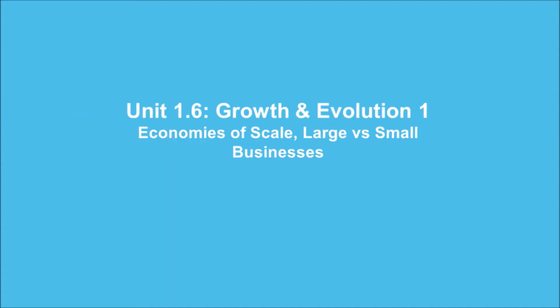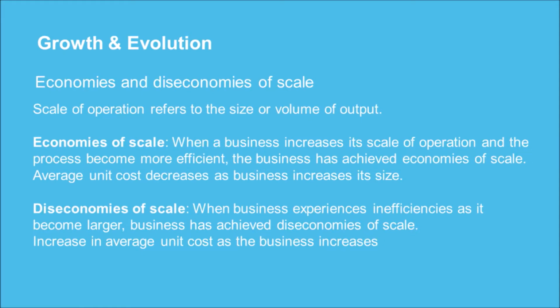Unit 1.6, Growth and Evolution 1. Economies of scale, large versus small businesses, growth and evolution. Economies and diseconomies of scale. Scale of operation refers to the size or volume of output. Economies of scale: when a business increases its scale of operation and the process becomes more efficient, the business has achieved economies of scale.